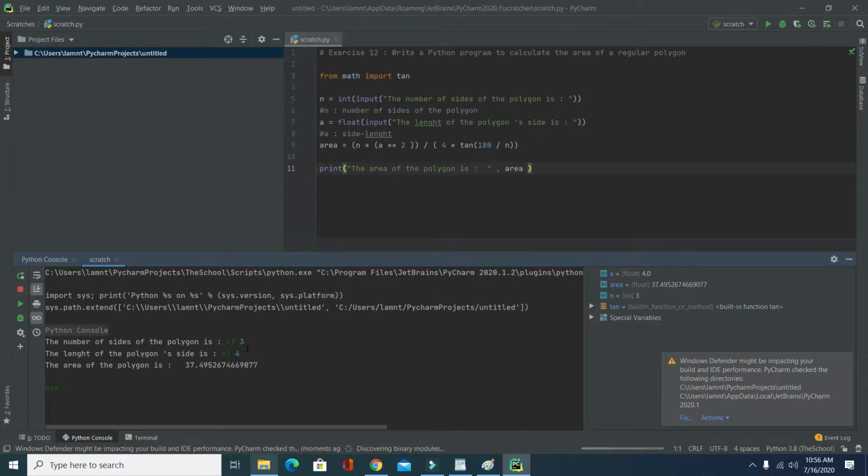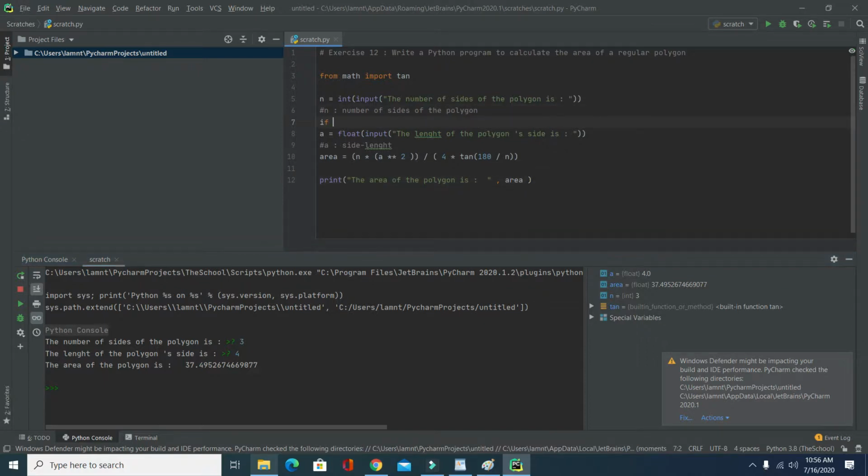I want to make another note: you cannot input a number of sides smaller than 3, because a polygon has at least 3 sides.